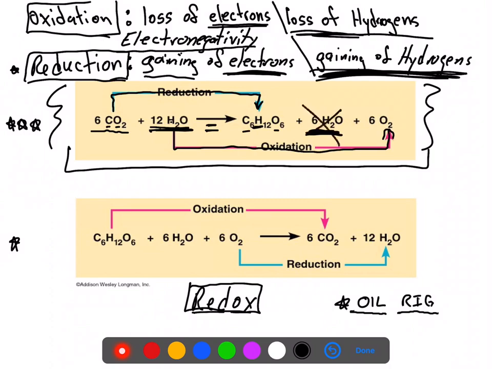If there's 12 waters here and 6 waters here, and let's say you decide to take 6 away here, then you should take 6 away here, and then that drops you to 6, right? And now this looks like the reaction on the leaf, and it's simpler, right? It's got less things to worry about. 6, 6, 6, all over the place, right? It's like a very demonic kind of reaction, but it's also arguably one of the more important reactions on the face of this planet. All right, I hope that made sense. Or you can rewind me, and it'll make sense then, I think.